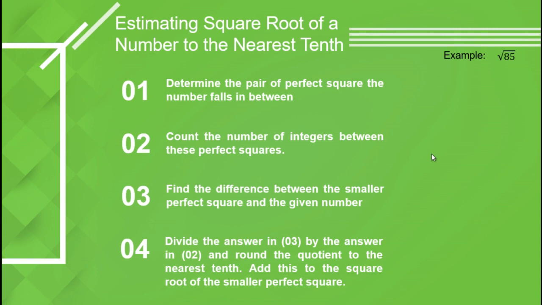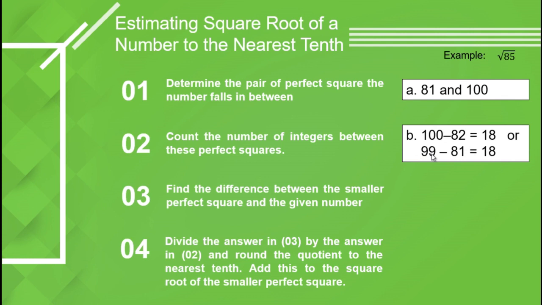Square root of 85. First, determine the pair of perfect square numbers the number falls in between. So we have 81 and 100. Next, count the numbers. That's 100 minus 81, or 99 minus 81, so that is 18.